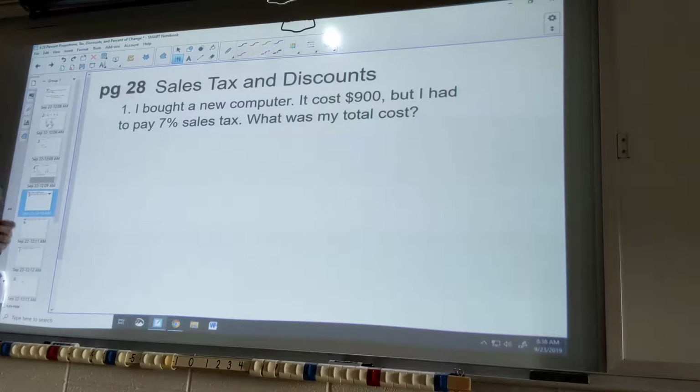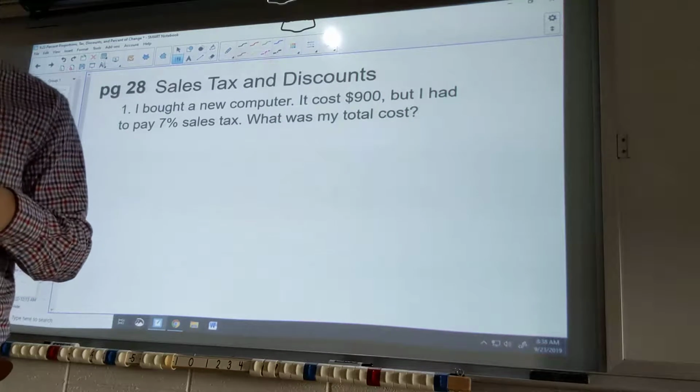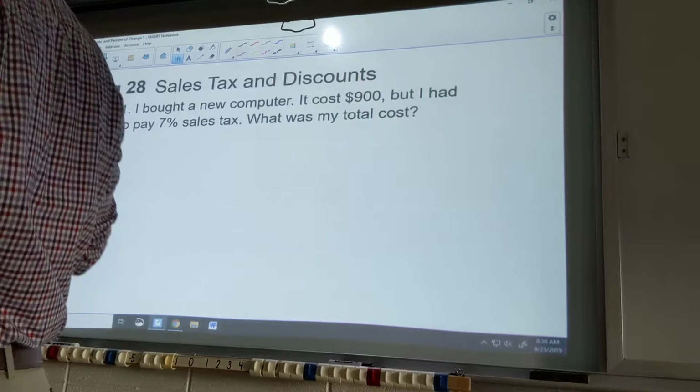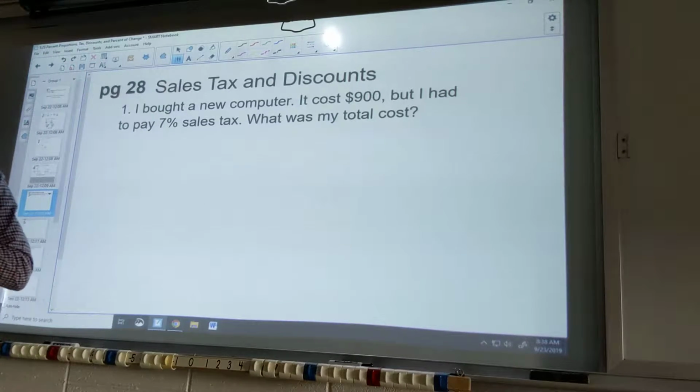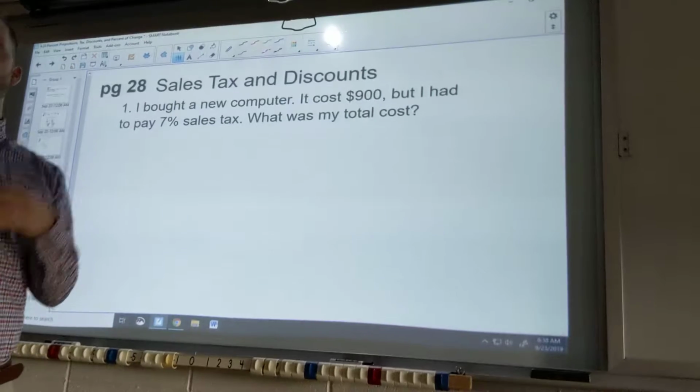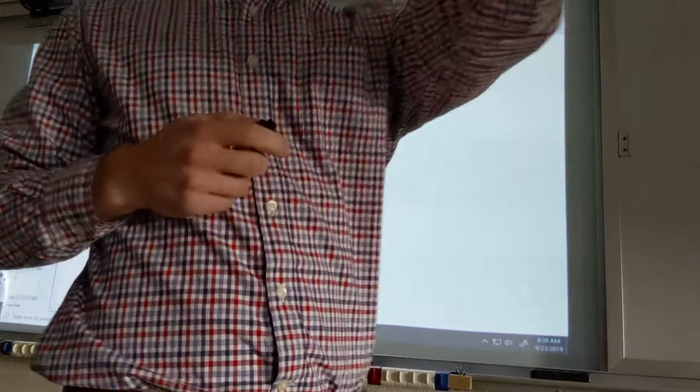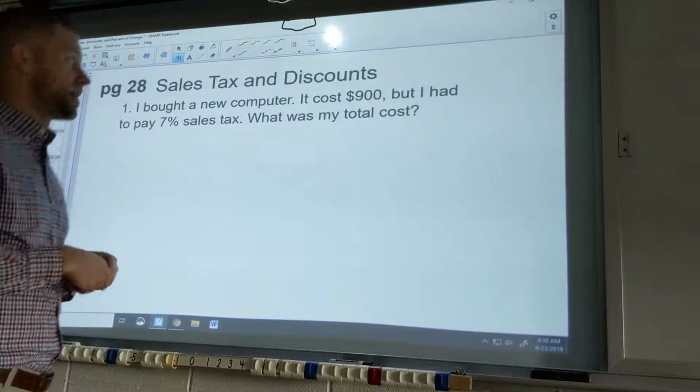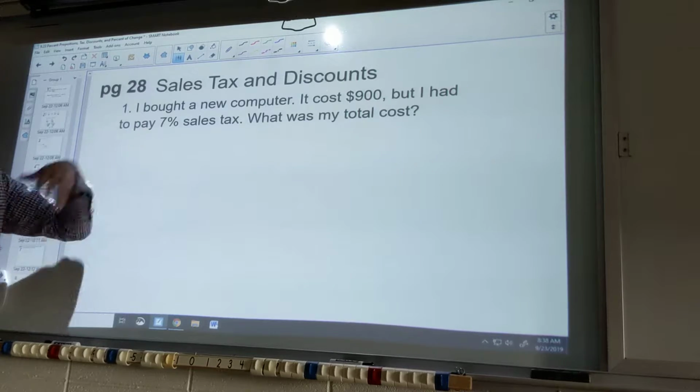So, whenever you want to find a certain percent of a number, you're going to multiply that number by what? If I want to find 10% of a number, what am I going to do to that number? And do it in decimal form, right? We're going to take the number and multiply it by that percent in decimal form.